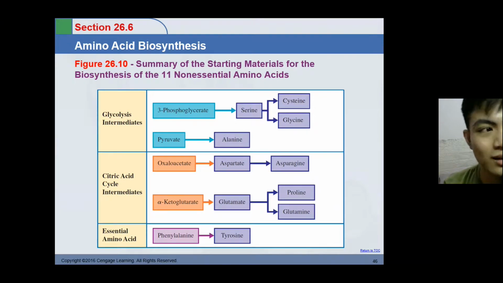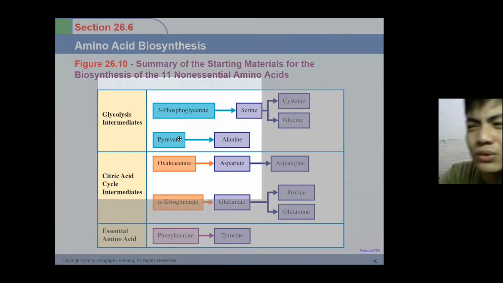Okay, so yan. Actually, parang sampungan. No? Okay, so yan. So these are our starting materials in the production of the 11 non-essential amino acids. Okay, so let's talk about the glycolysis intermediates that can be used to create our amino acids.